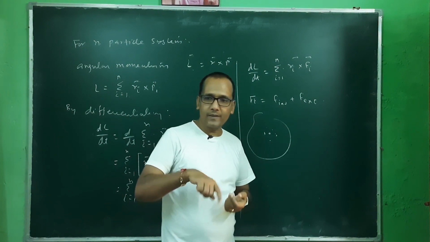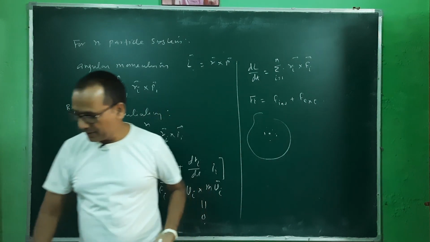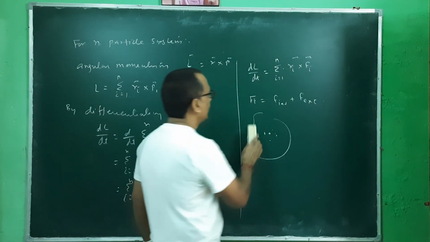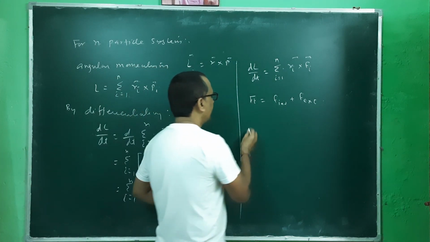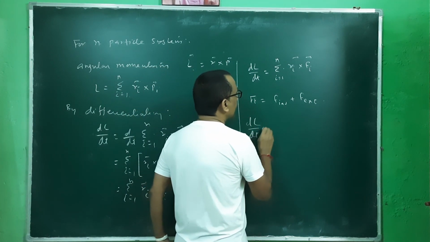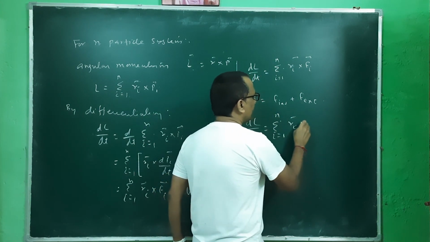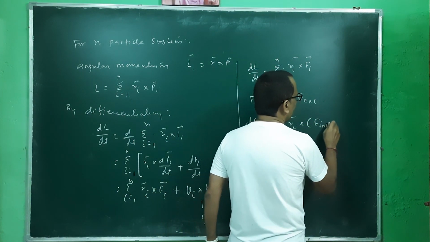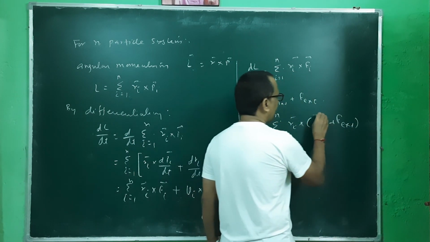So we can write F_i is equal to F internal plus F external, and dL by dt is equivalent to the summation of i equal to 1 to n of R cross, F internal plus F external.